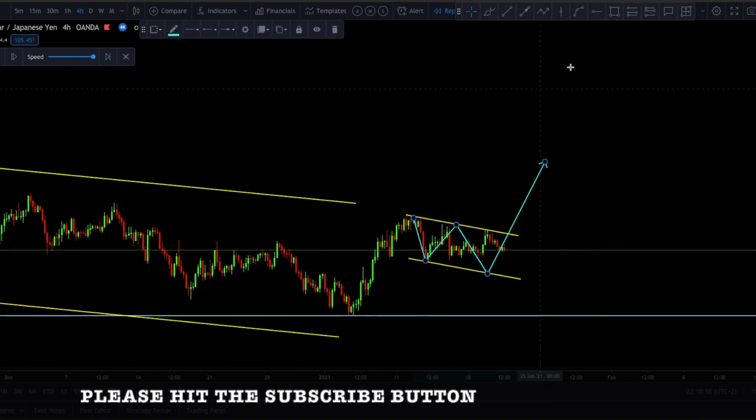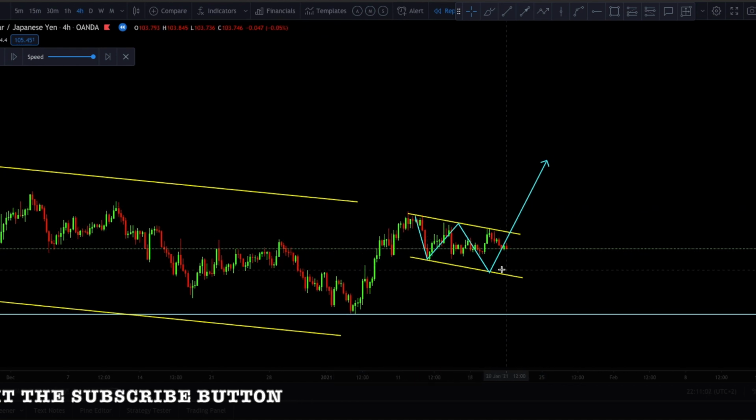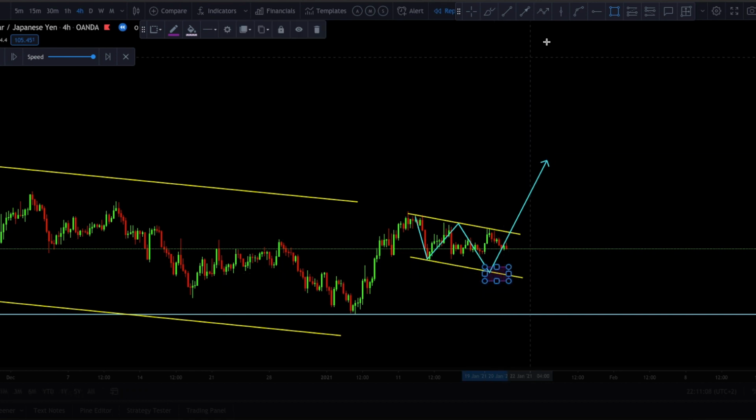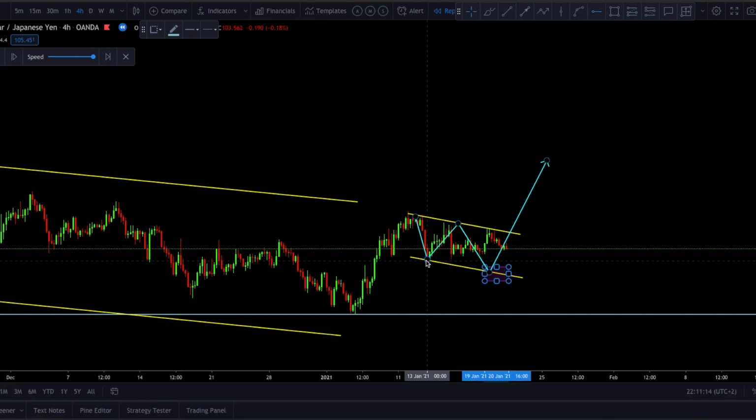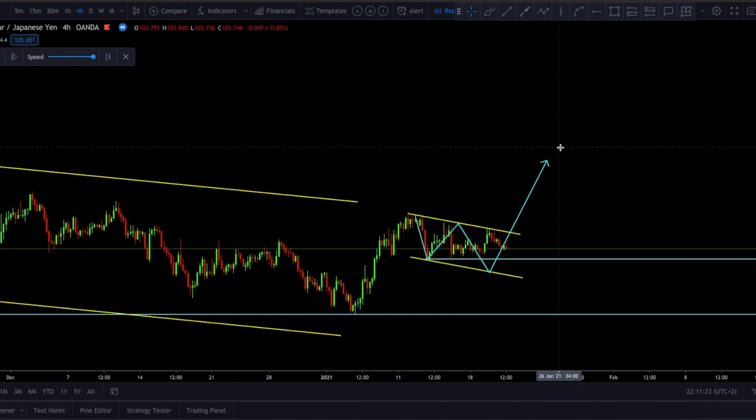So what you can do is, if it comes close to this line here, you can buy. Or if it comes to this level here, I can buy.